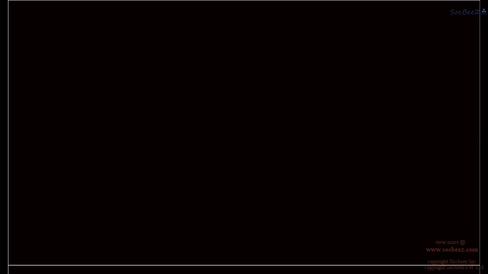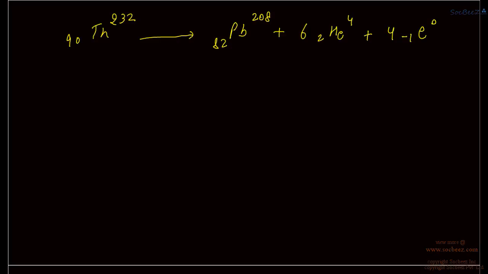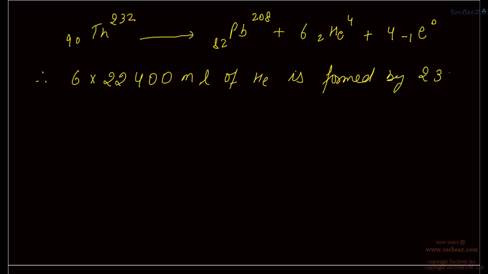Now, if we write the reaction involved in this particular question, it will be written as thorium-232 (90, 232) giving us lead-208 (82, 208) plus 6 helium, and 4 positrons, with charge minus 1 to balance.